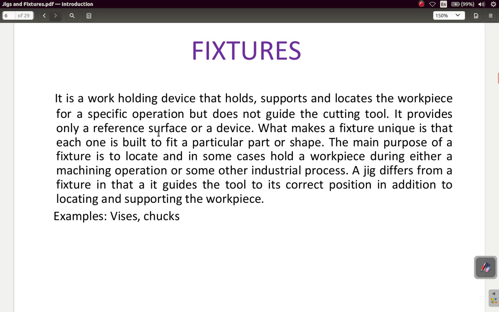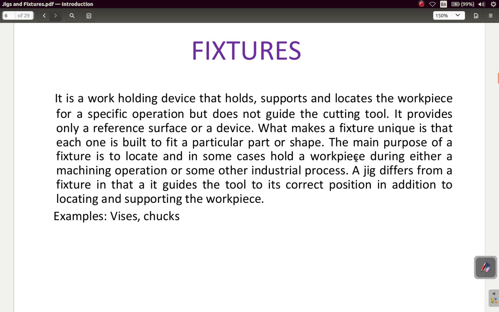It provides only a reference surface or a device. What makes a fixture unique is that each one is built to fit a particular part or shape. The main purpose of a fixture is to locate and in some cases hold a workpiece during either a machining operation or some other industrial process.